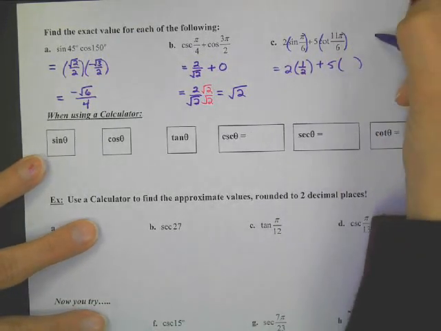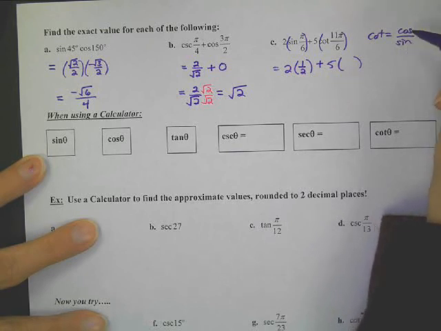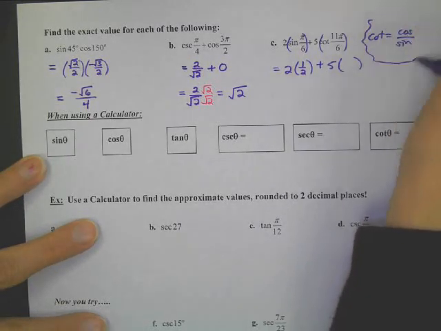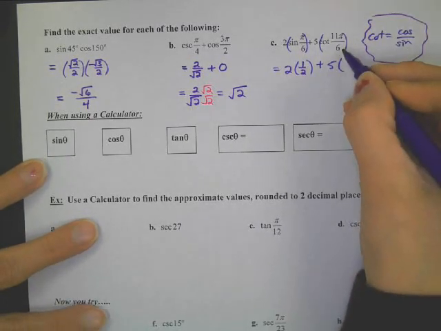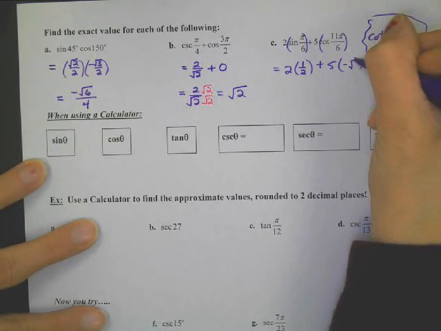How many people think of cotangent as cosine over sine? Cosine over sine. That's a good way of thinking of it, because I know tangent is sine over cosine, so that would be the reciprocal. Let's put this in a little box. Important fact. So let's go to 11 pi over 6, and that would be negative radical 3.